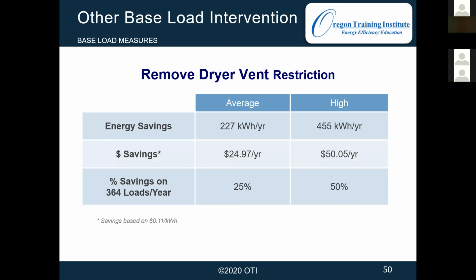And clothes dryer is a big energy user, especially if it's electric. So average 25 bucks, higher. The more they use the dryer, the higher their savings are going to be. So a high user, maybe $50. And these are based off of your average 11 cents per kilowatt hour price.